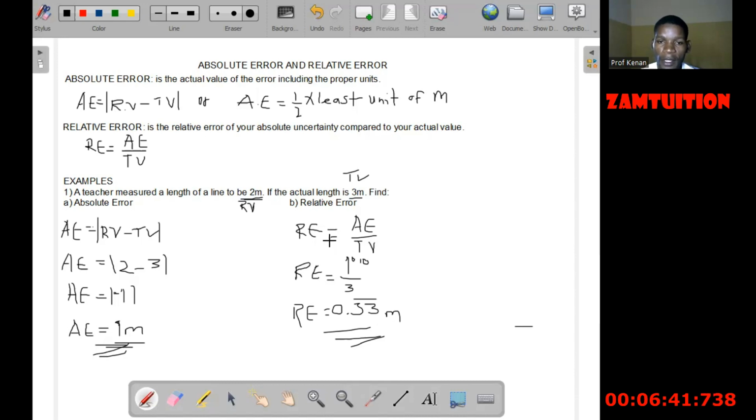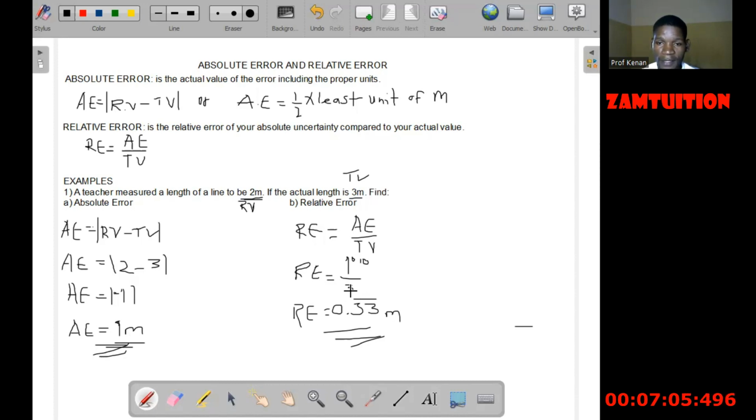We go to the relative error. Relative error is equal to the absolute error over the true value. The absolute error we have found to be 1, so it is 1 over 3, where 3 is our true value.